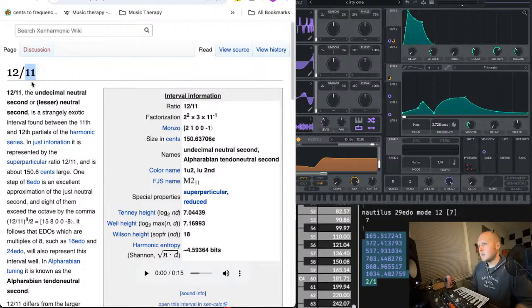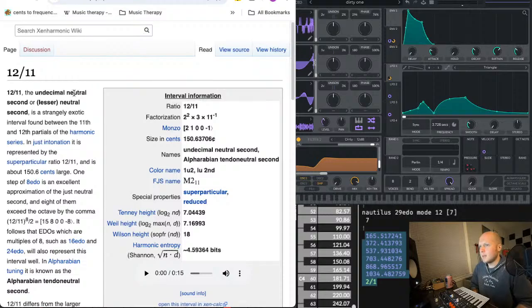Because of this, microtonal music theorists organize just intonated intervals and sounds into what are called prime limits. So 12/11 would be an 11 limit interval.